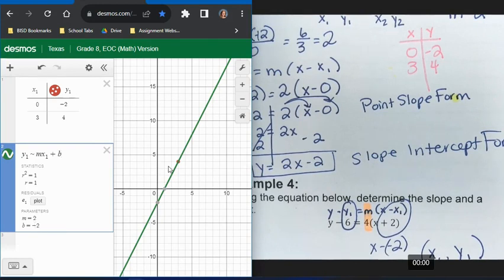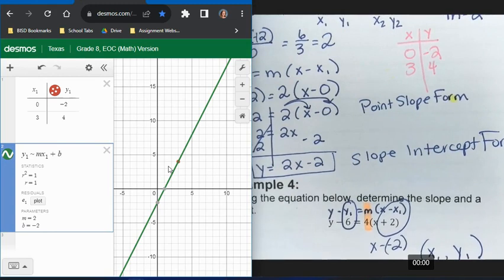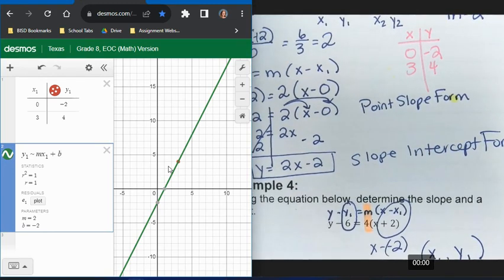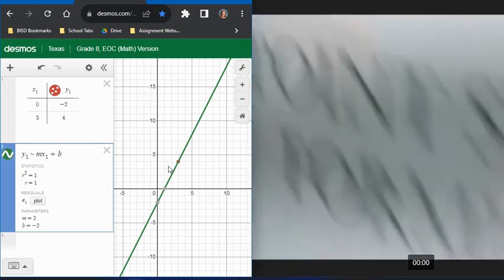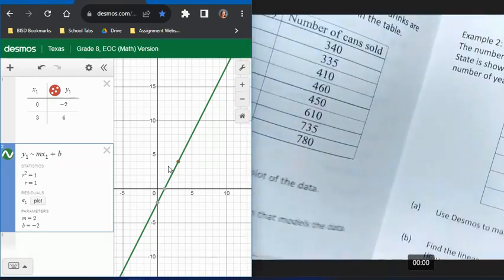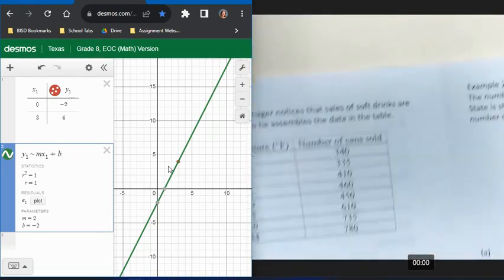Same thing. So from now on, you don't have to use point slope unless it's asking what is point slope. You can use this linear regression shortcut. All right, let's go to the examples that we have on here.